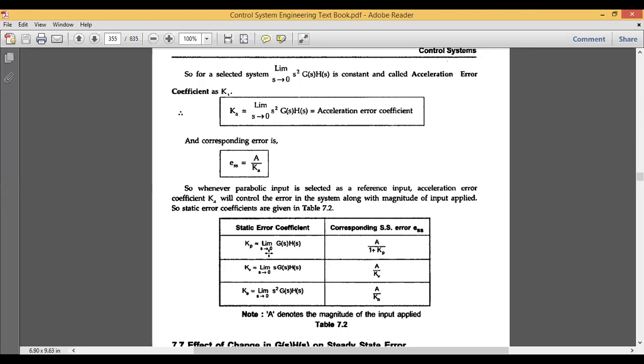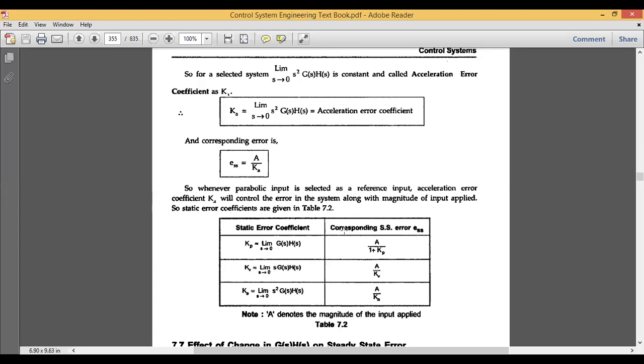And for that, we have a formula. If it is position, it is limit S tends to 0, G of S into H of S. If it is velocity, S multiplied by G of S into H of S. If it is acceleration, it becomes S square into G of S into H of S.